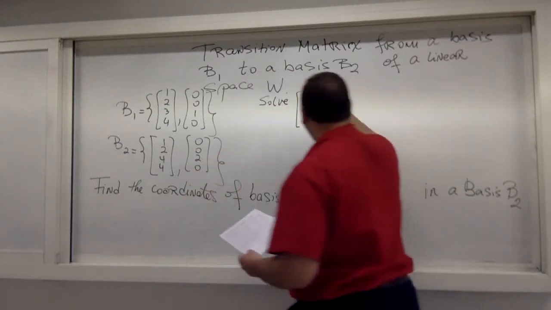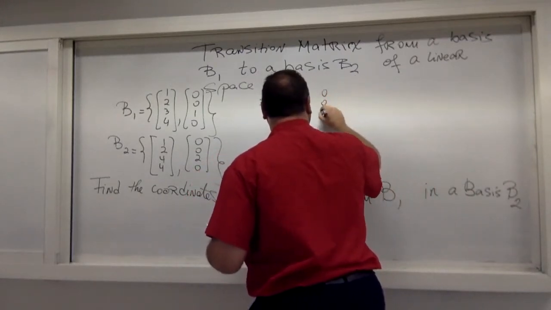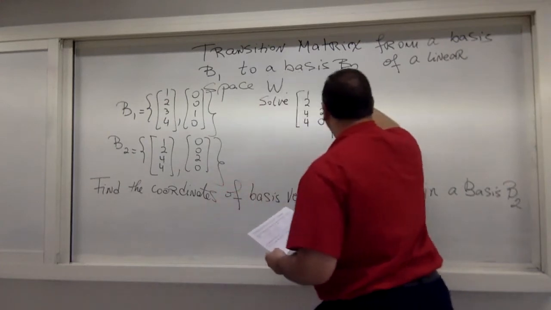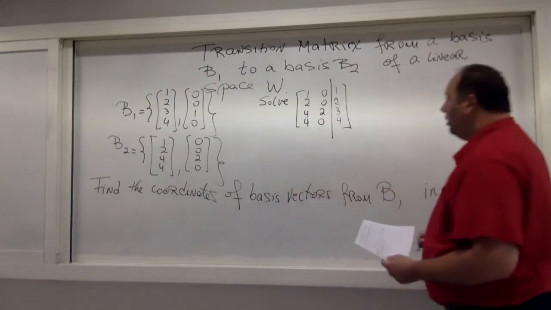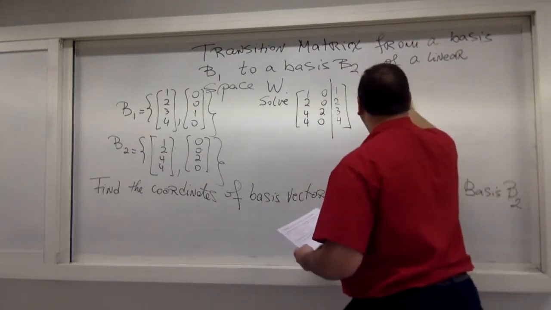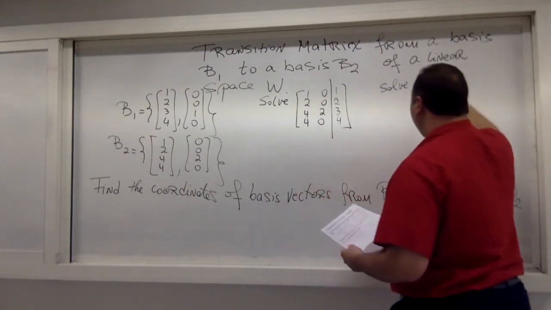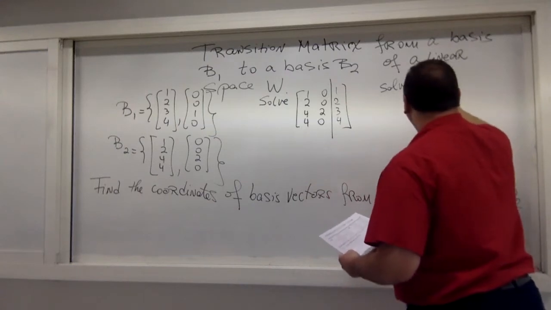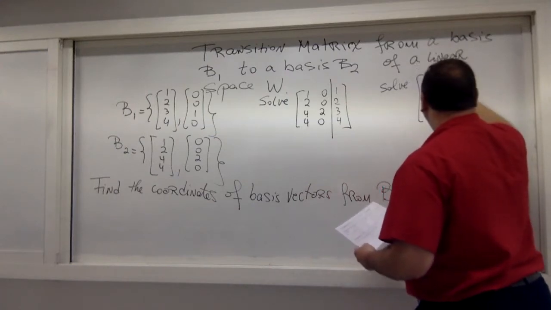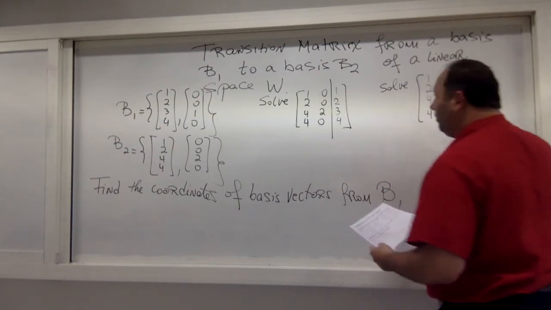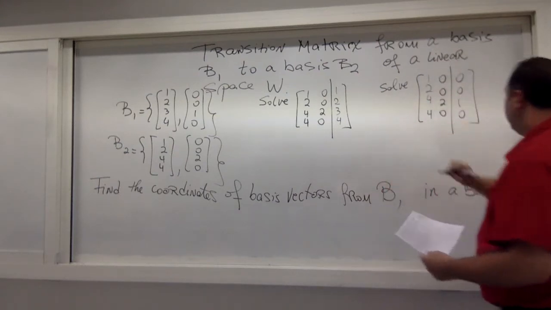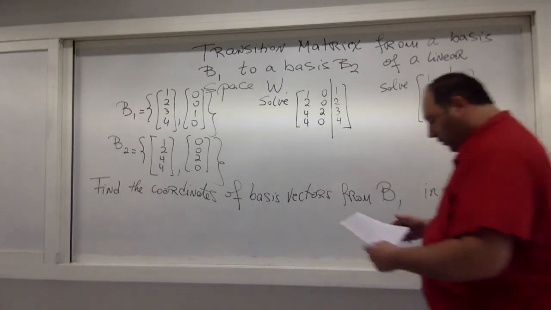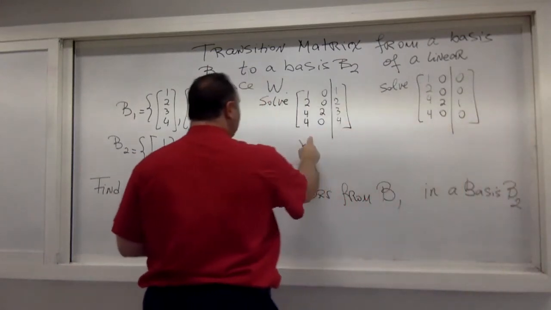I'm going to solve this system, 1, 2, 3, 4, and also solve a system with the same matrix. So it's not really smart what I'm doing now. 0, 0, 1, 0. This is what I'm going to do. Find solution for these.